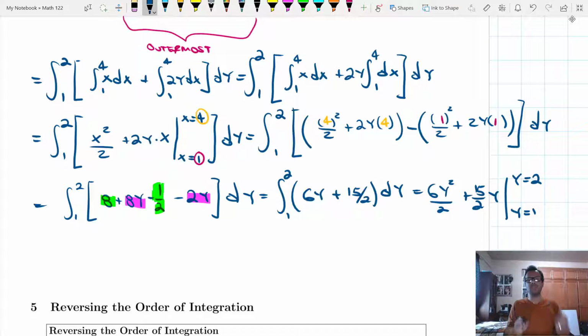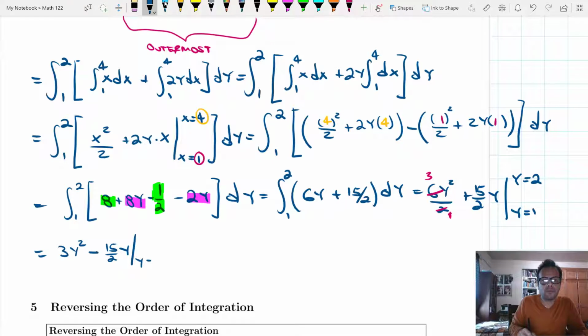Again, keep in mind what I mentioned earlier: now we're integrating with respect to y, so we plug in the limits for y. Let's simplify a little bit here. 6 divided by 2 is 3, so this will be 3y squared plus 15 halves of y, evaluated from y equals 1 to y equals 2.